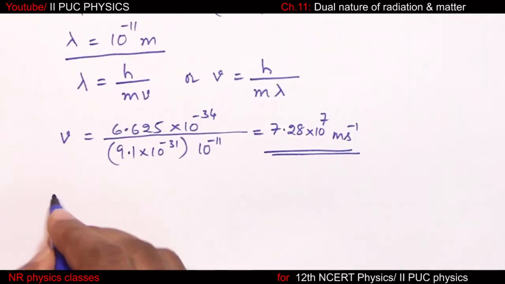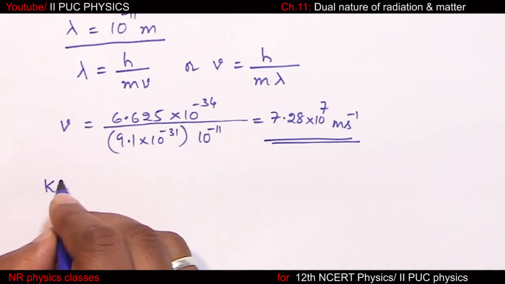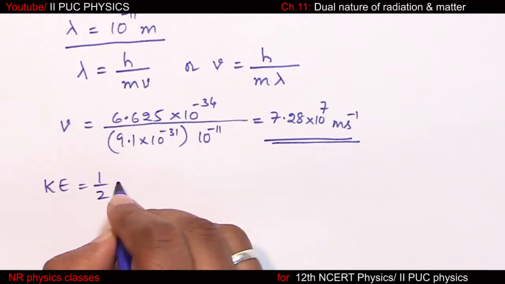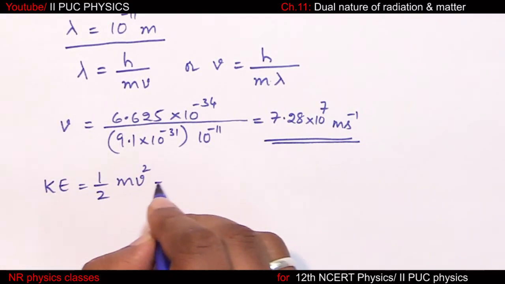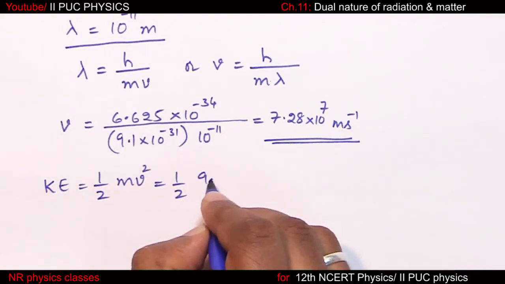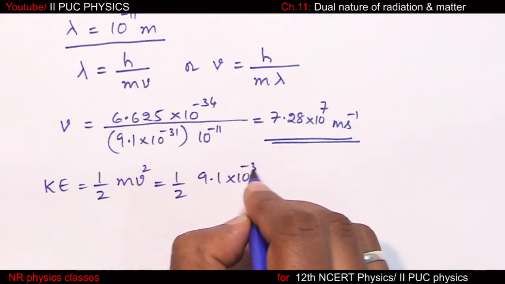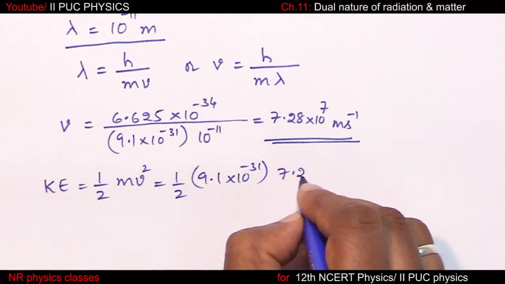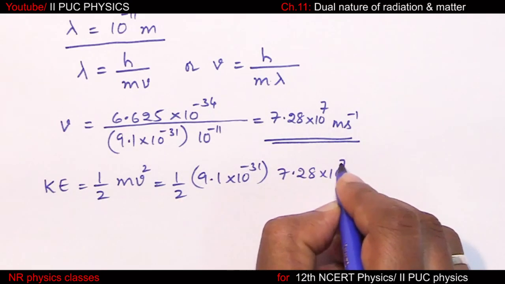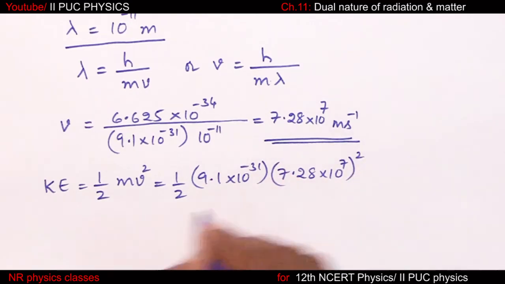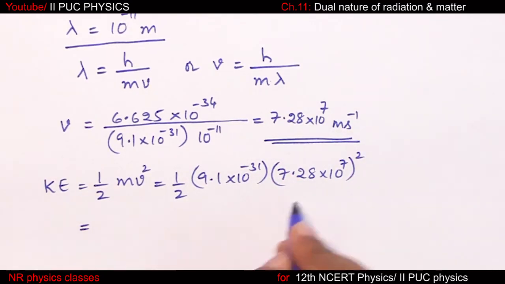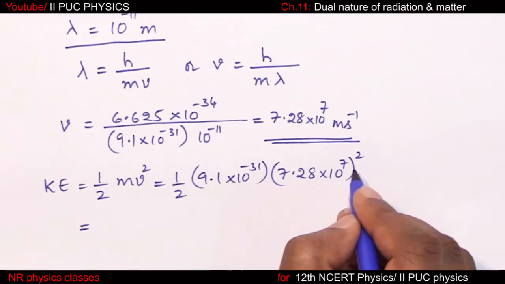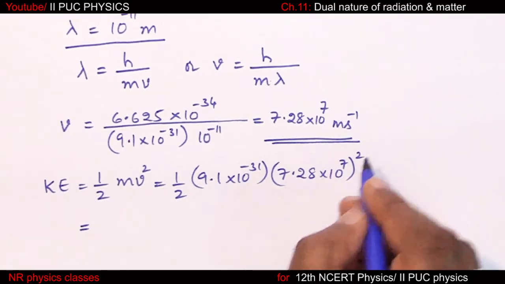Kinetic energy of electrons, kinetic energy equals half mv square, half 9.1 × 10 power minus 31, velocity square, 7.28 × 10 power 7 square. 7.28 square, don't forget square, squaring this number.